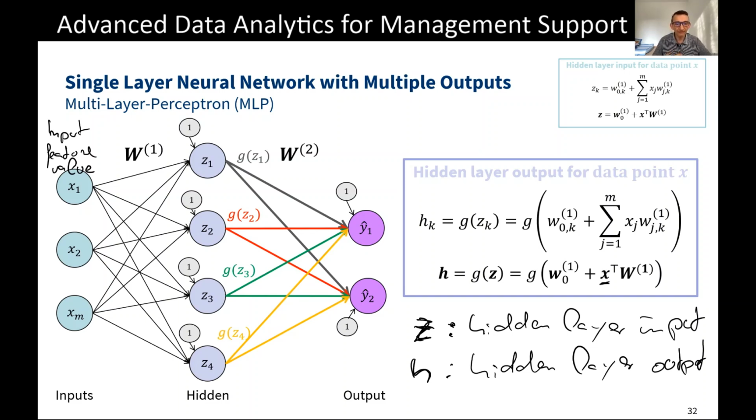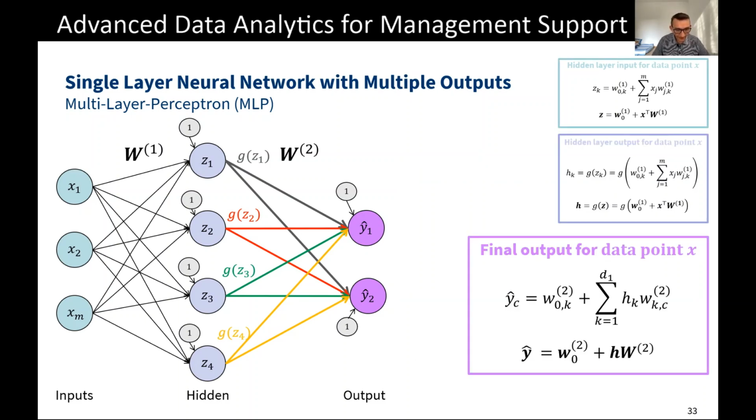We calculate these 4 latent features with hidden layer output, and from that we perform pretty much the very same computations as before. We take these outputs, and we weight them, and we add an intercept to obtain our final model output.